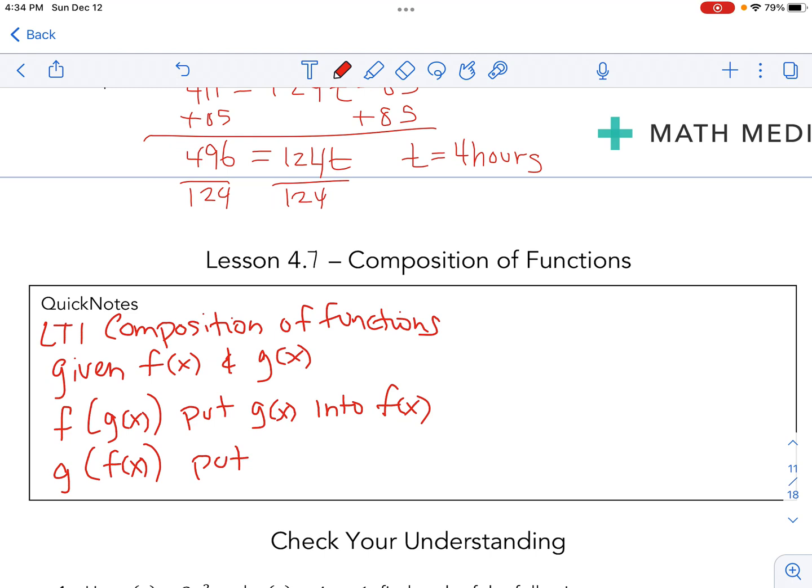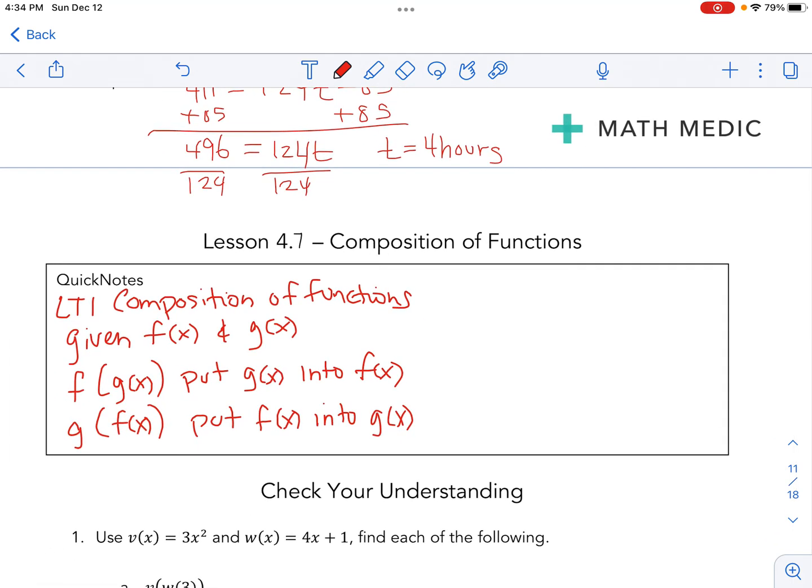Or we could flip-flop that. We could write this composite, and that is saying we can put f of x into g of x and simplify that and come up with a composite function.